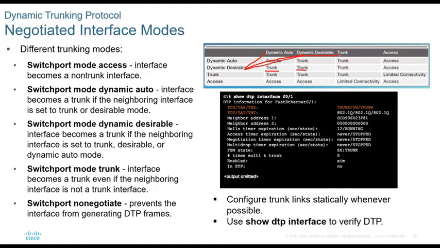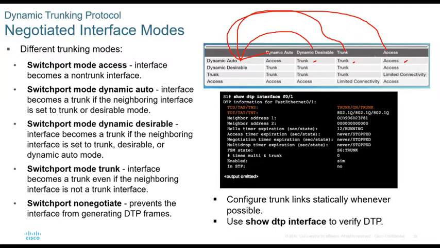Dynamic desirable to trunk, the result will be trunk. Alright? So, let's go back to dynamic auto. Look at this. Now, dynamic auto to auto is access. Dynamic auto to desirable is trunk. Dynamic auto to trunk is trunk. Dynamic auto to access will result in access.